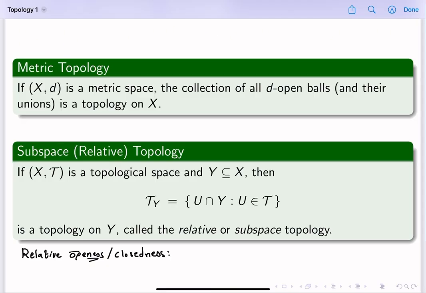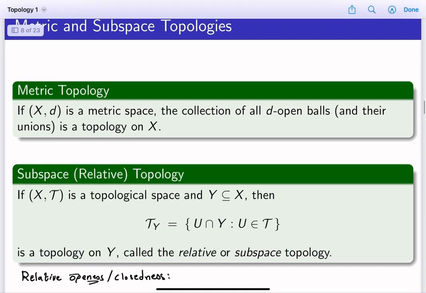So here, for example, we automatically get a topology on X if we declare open sets of X to satisfy the property.